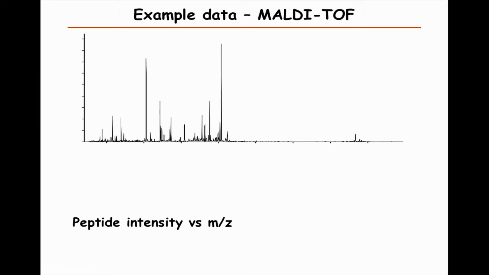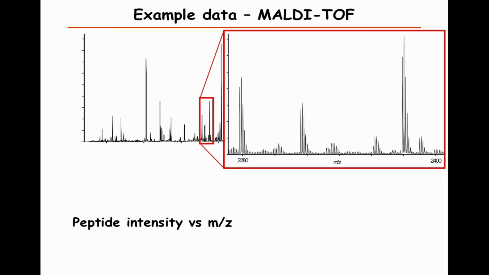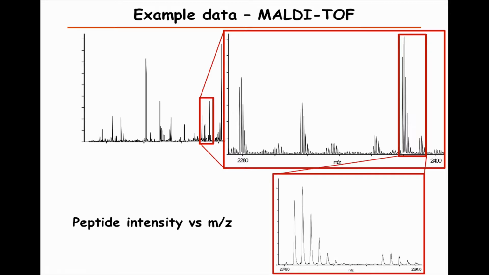We've already looked at this in the proteomics section: mass spectrometry is another one-dimensional signal that we want to be able to analyze. Again we have peaks, and if we zoom in we have lots of details. Each peptide has an isotope distribution. If we zoom in even further, we see nicely separated isotope peaks, and in this case a strong signal, so there's not much noise.